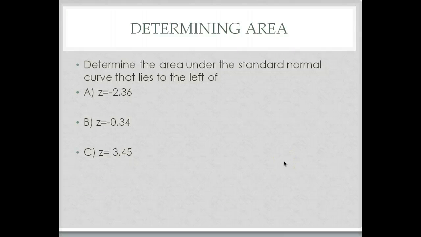We're going to determine the area on the left of the standard normal curve first. Finding the area to the left is the easiest to do. You merely read the value off the table. So we just want to read the value straight off the table that corresponds to z equals whatever our value is.